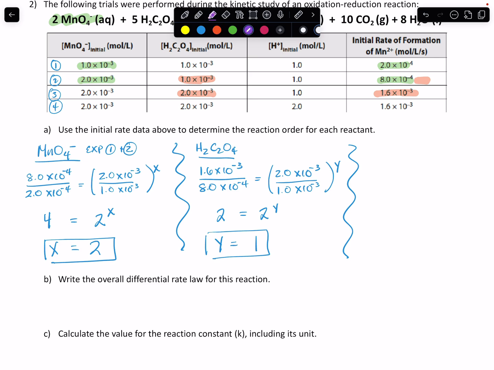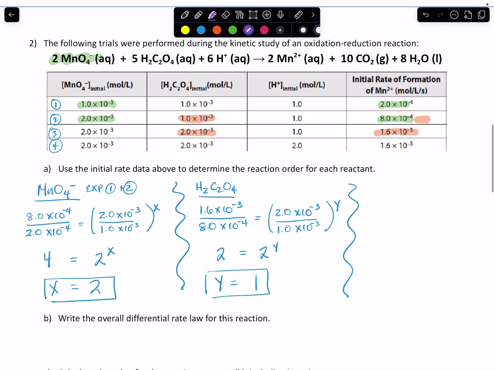All right, then I end by looking at H plus. All right, so I need to find 2 experiments where everything is the same, and that looks like that's going to be experiments 3 and 4. All right, and I set everything up just like I did for my other 2 reactants. 1.6 times 10 to the negative third divided by 1.6 times 10 to the negative third.